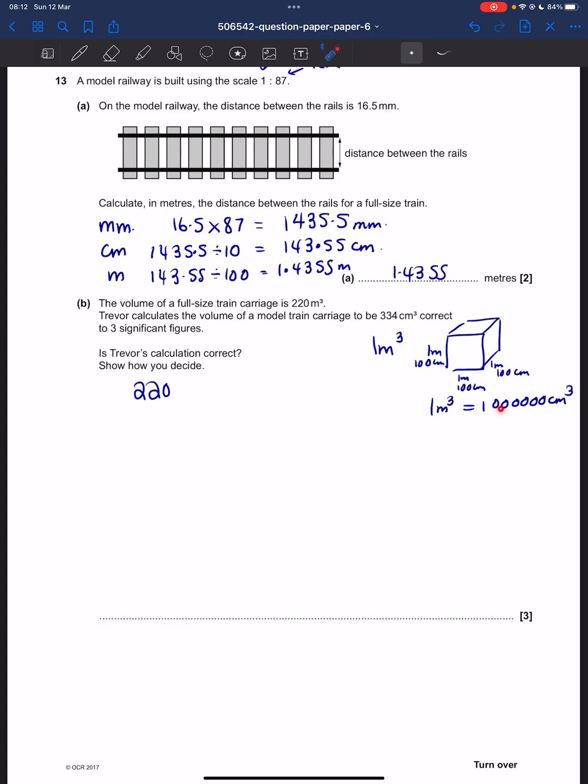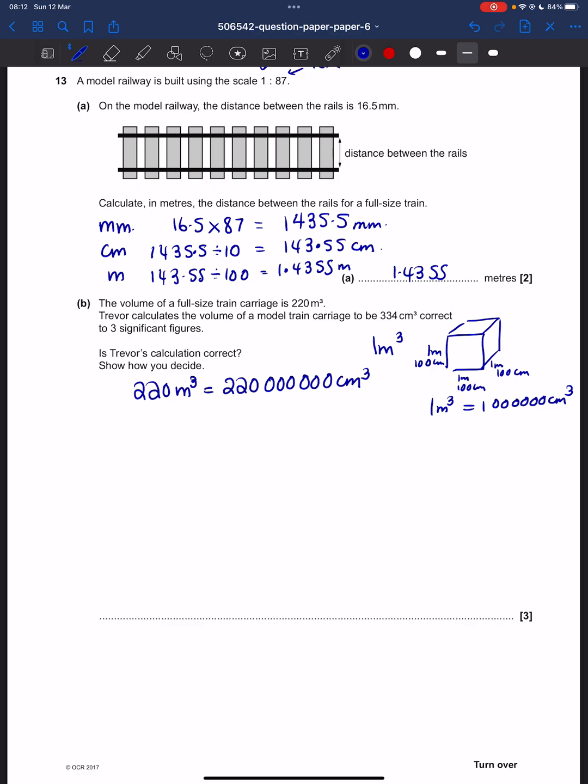Okay, so we've got 220 cubic metres, which is going to be 220 million cubic centimetres.